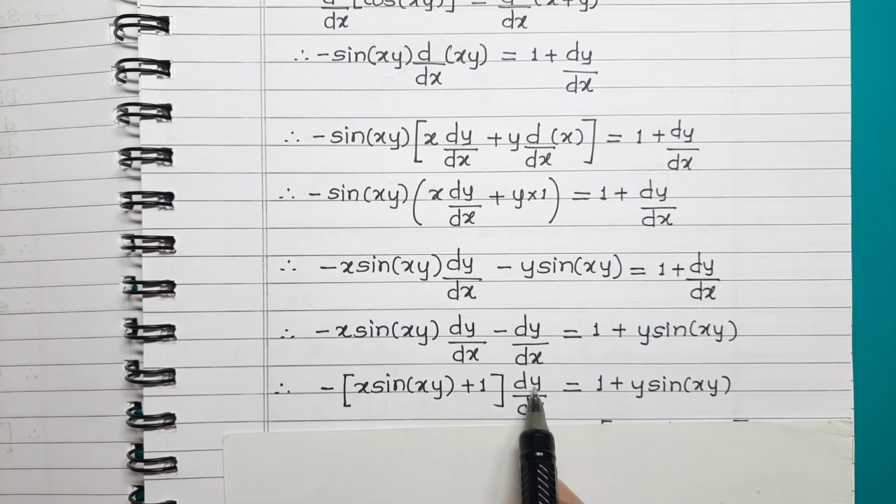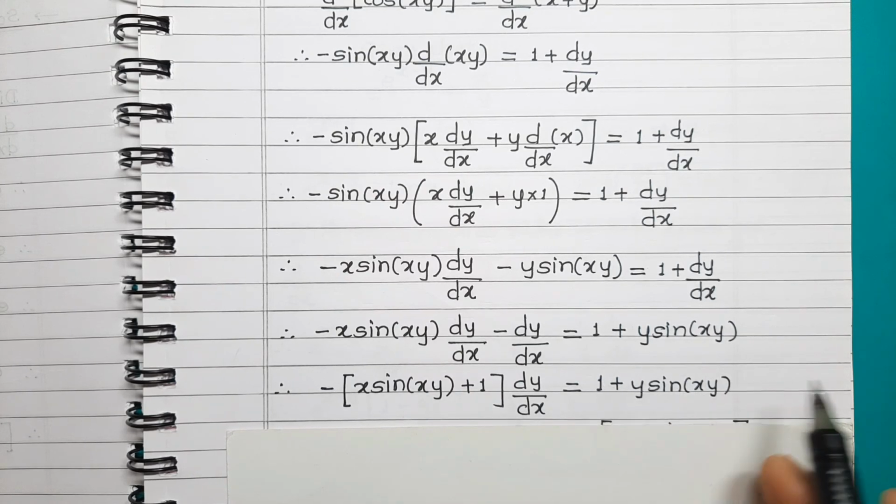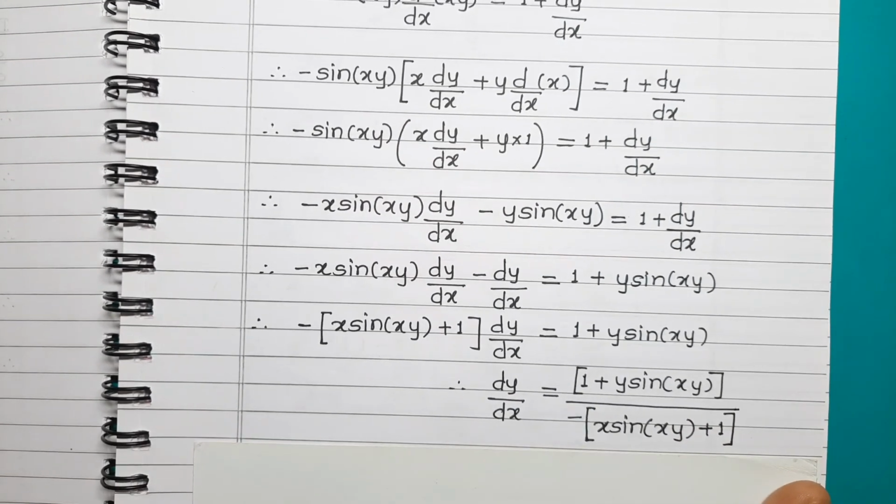Now to get dy by dx, let's shift this term on RHS to divide terms on RHS. So finally we have dy by dx is equal to 1 plus y into sin xy upon minus of x sin xy plus 1. This is the required derivative.